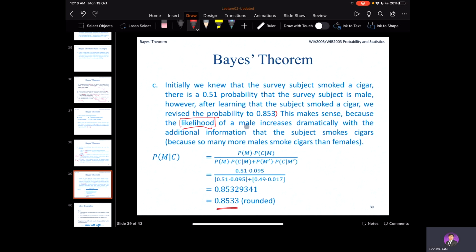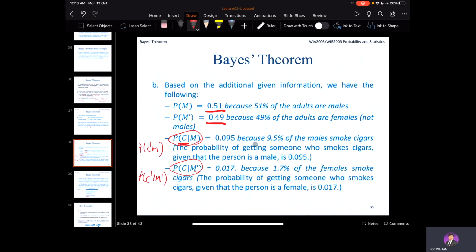The likelihood of males increases dramatically with the additional information that the subject smokes cigars, because many more males smoke cigars than females. When you compare these two values, it's like a 5 to 6 times difference.